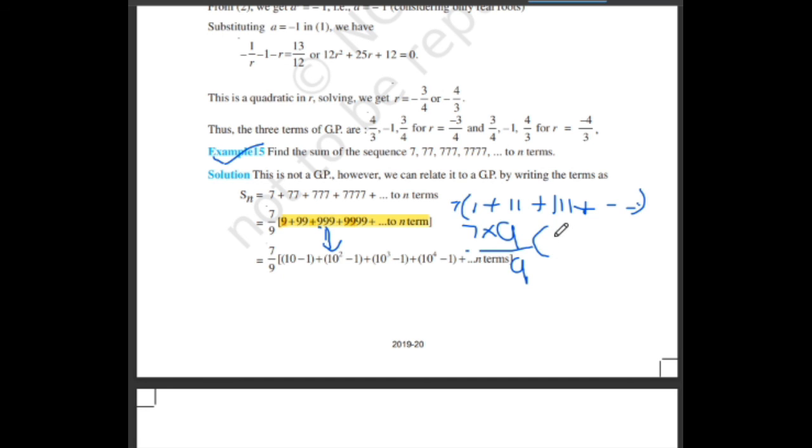Okay, so if you multiply by this 9 inside, you'll reach this, no? So by following the same pattern, you can find the sum of n terms of any sequence which resembles this one.